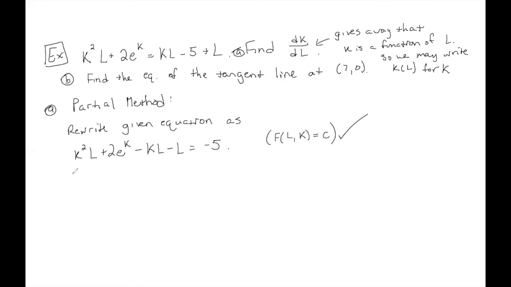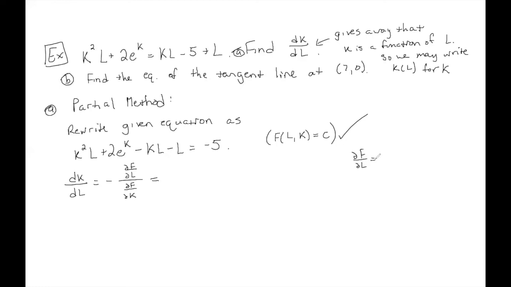So now I can apply the shortcut. dk dl is negative partial f partial L over partial f partial k. We should come off to the side here and figure out what these partials are.